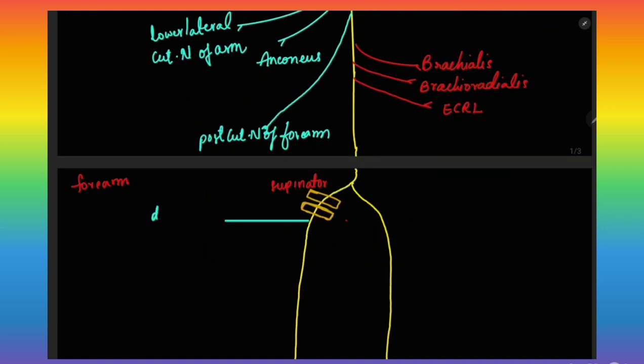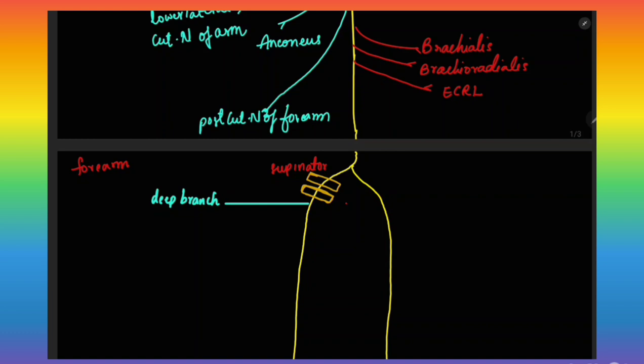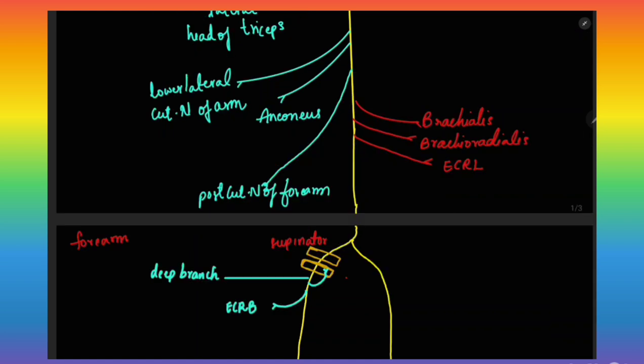Deep branch is also known as posterior interosseous nerve, and in the region of cubital fossa it supplies the supinator muscle and extensor carpi radialis brevis. Then it pierces this supinator muscle and runs downward in the posterior part of forearm, supplying all the extensor compartment of forearm.